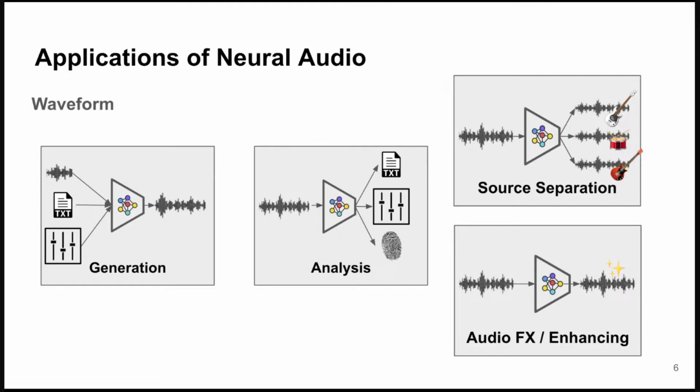With this fingerprint, it would be much easier to compare the content of this waveform instead of in the original sample domain. We have, of course, source separation, which is a task in which we have multiple stems mixed down into a single waveform, and we separate, for instance, the bass, the drums, and the guitar into the different stems.